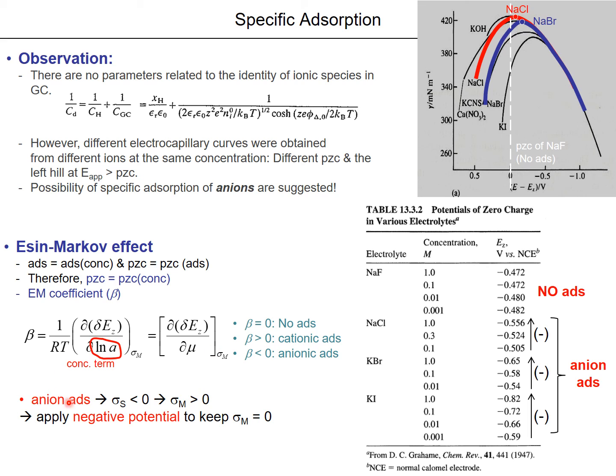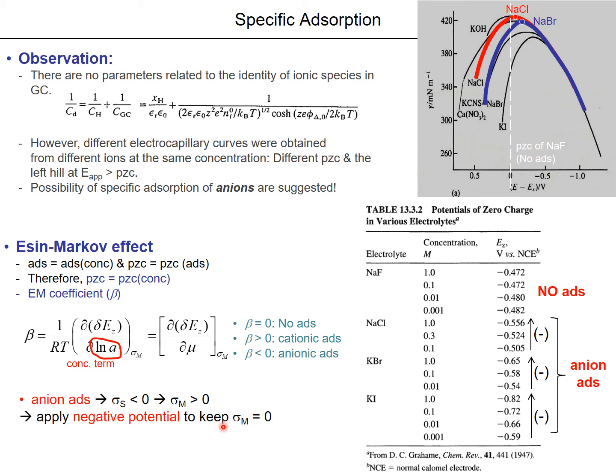For example, here is an anion adsorption. In that case, the excess charge of the solution side would be negative because you have anions. Then this negative excess charge of the solution side would induce a positive excess charge of the metal plate to compensate the excess charge of the solution side. So right now we have plus sigma of the metal plate.